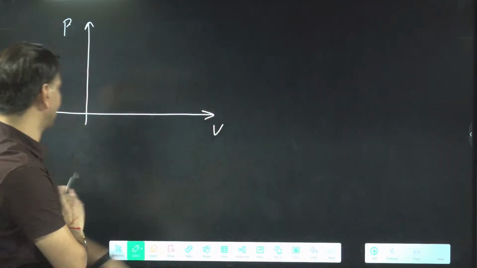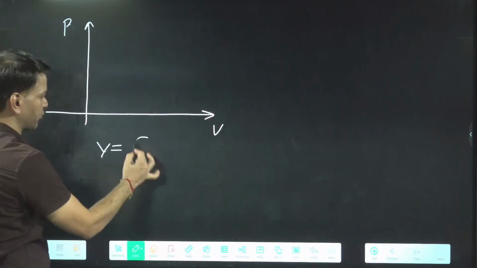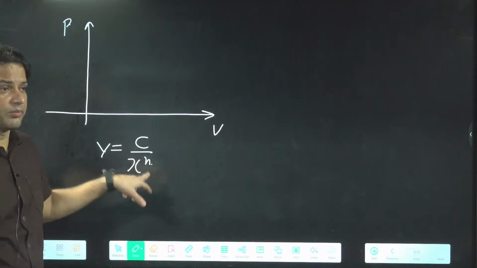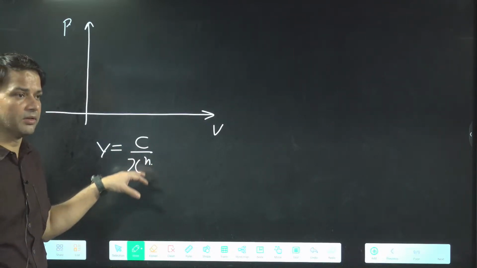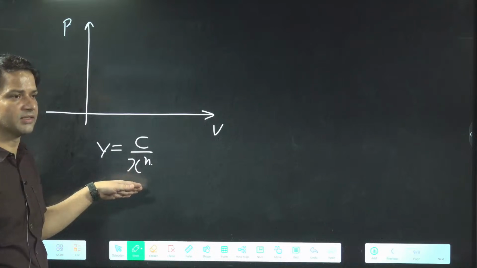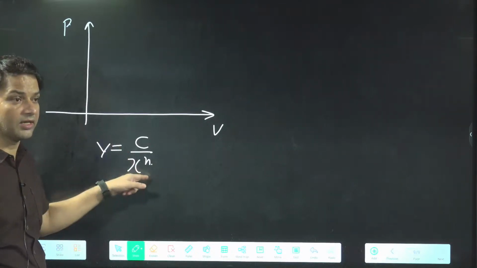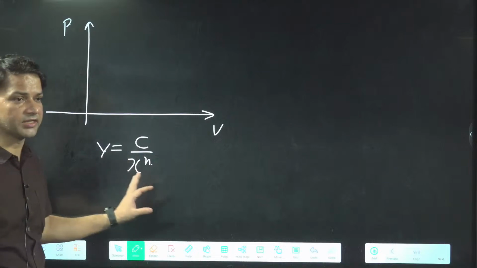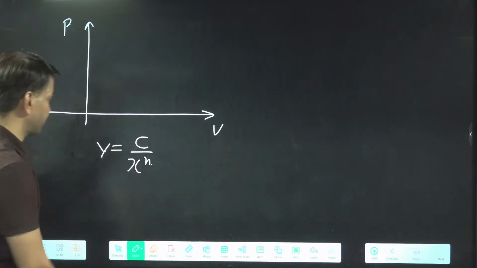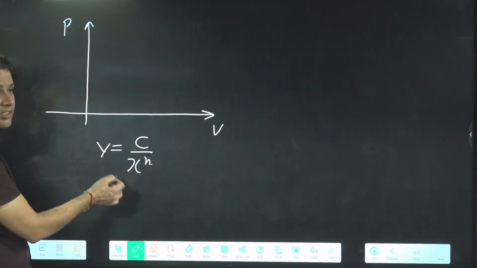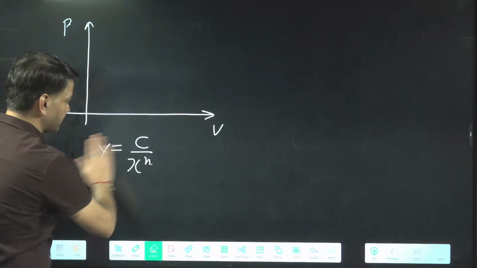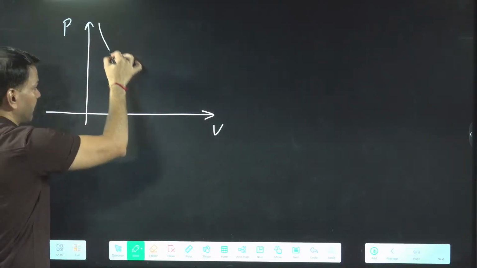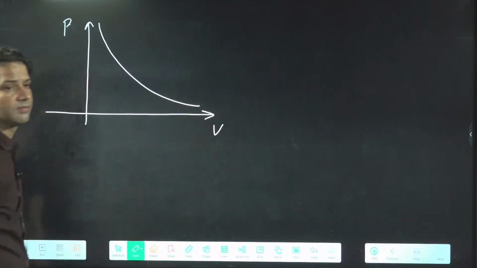Because if a relation is like y is equal to some constant c upon x to the power n, n must be a positive real number. When x is increasing, y will decrease. Then an inverse relation is there: one will increase, the other will decrease. But in this case, I cannot take x as 0. So here I cannot take volume 0, so the graph will be a rectangular hyperbola like this.